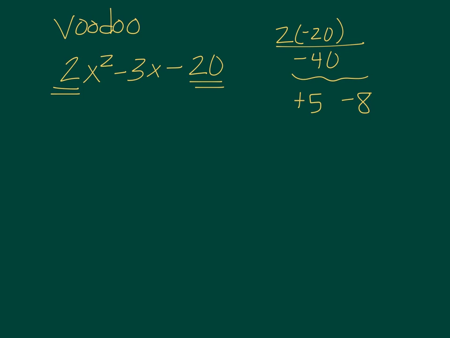And now we're going to do something different. We're going to take this lead coefficient of 2, and once we've decided on these two numbers here, positive 5 and negative 8, we're going to divide each of these by that lead coefficient 2, and then we're going to reduce what we have.